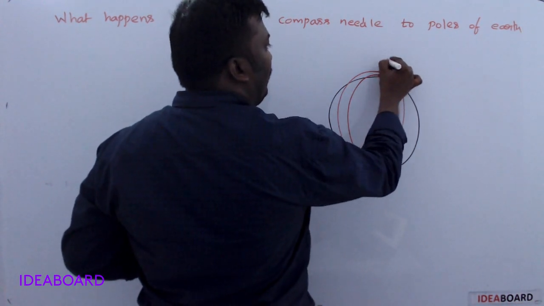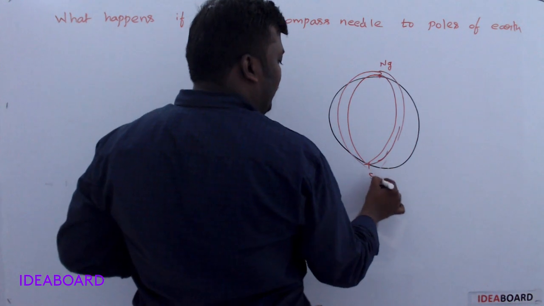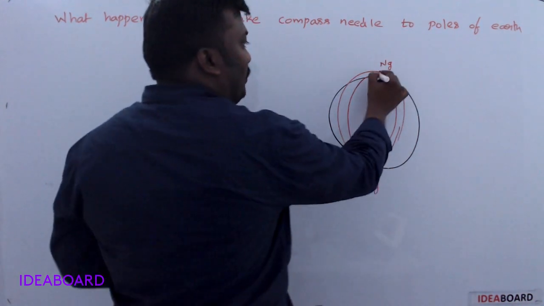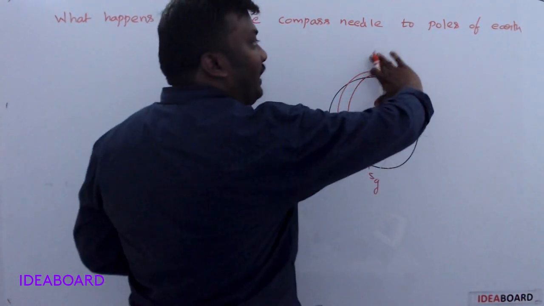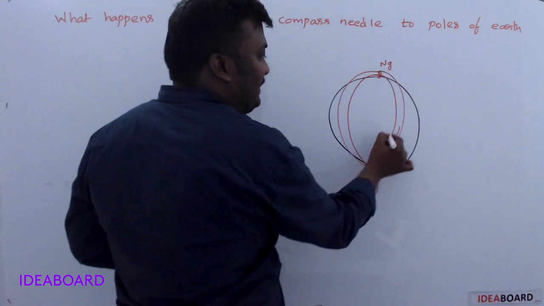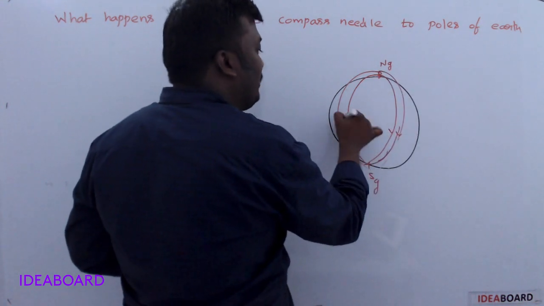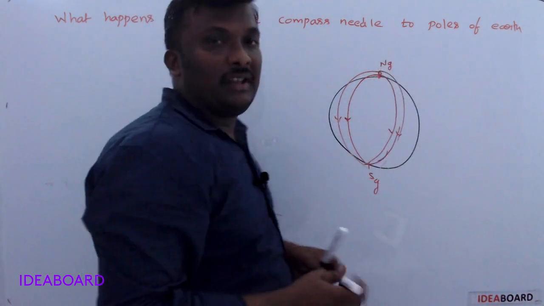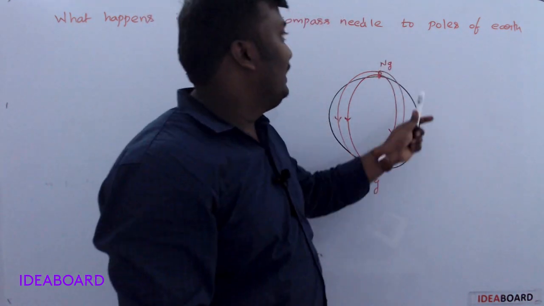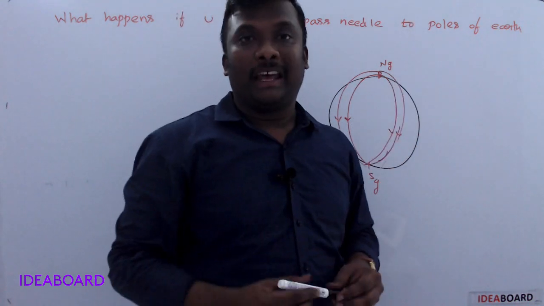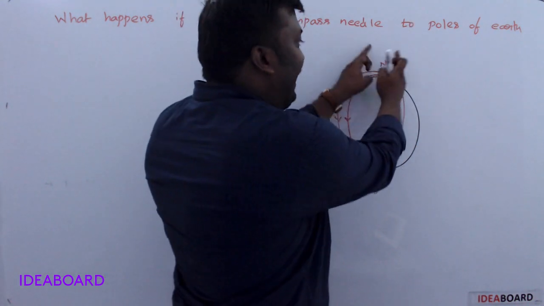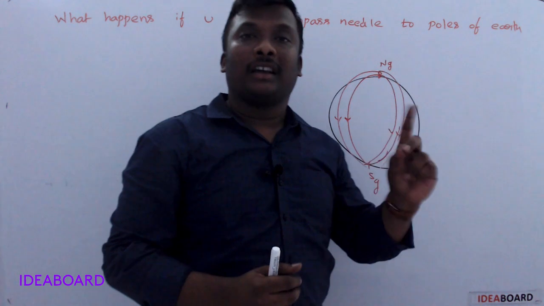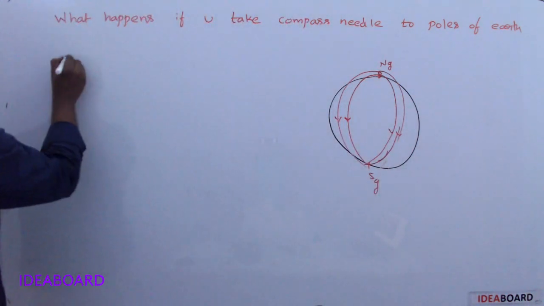From geographical north, and if you take the geographical south na, at this place they diverge, and at this place they converge. Outside only I said, outside it diverges and it converges. Now if this compass needle is taken to the poles, what happens?